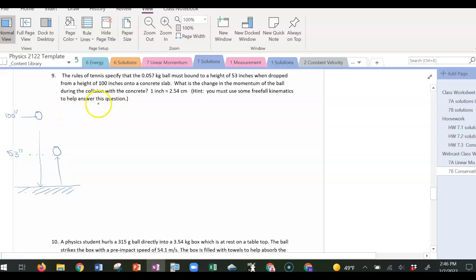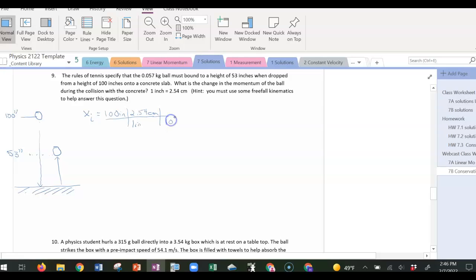So its initial position is 100 inches, and I better convert this to meters, right? I want to work in standard units. I have this wrong. 1 inch is 2.54 centimeters, and I would really like to work in meters.